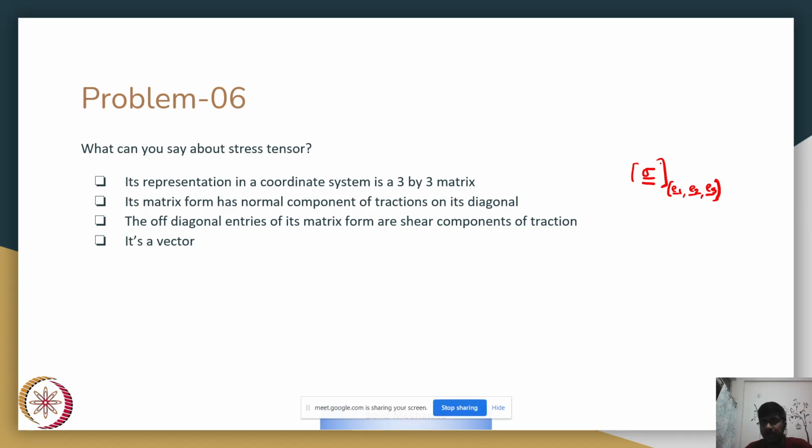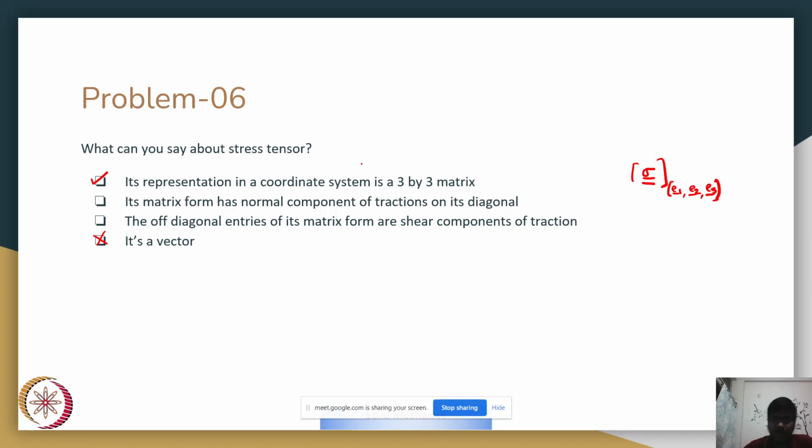Is it a 3 by 3 matrix, or a 2 by 2 matrix, or a vector, or a scalar? It's a tensor. It's a 3 by 3 matrix. 3 by 3 matrix, tensor of rank 2. Correct. So this automatically rules out the last option, which says that it's a vector.